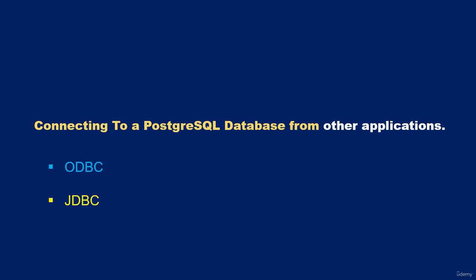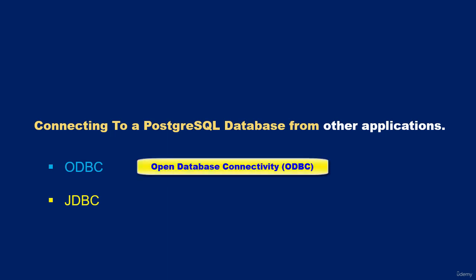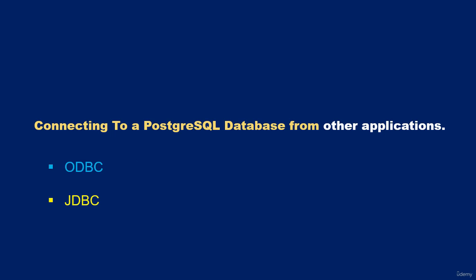Let me quickly explain what ODBC and JDBC are. ODBC stands for Open Database Connectivity. It is an open standard application programming interface, which is API, that is used for accessing a database.